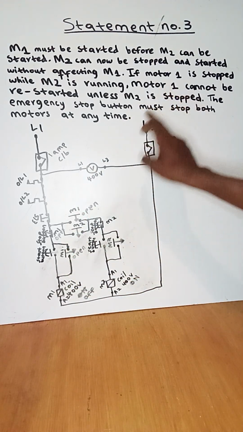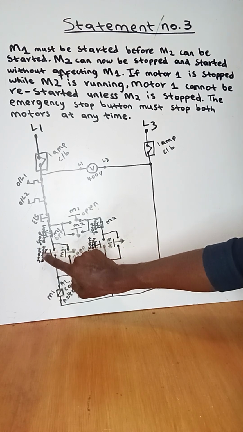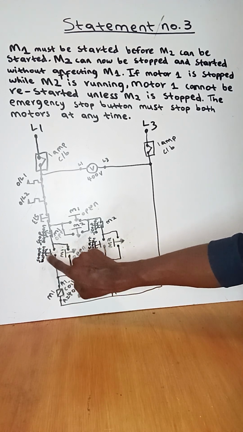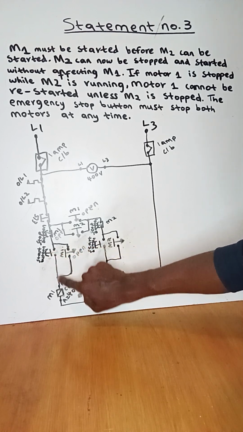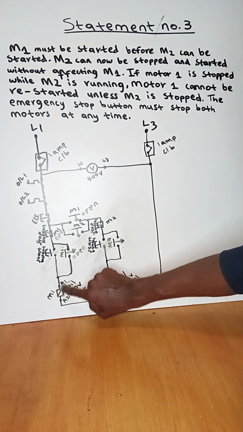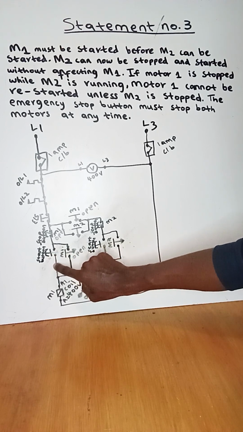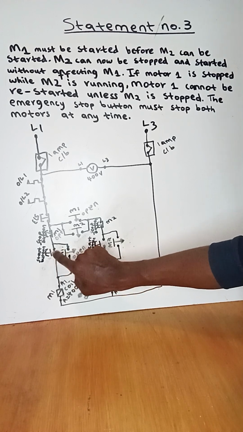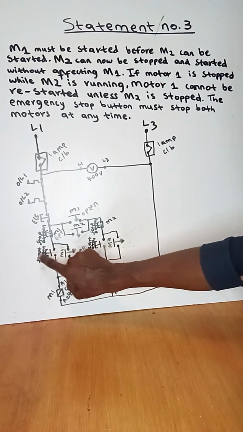Since the statement says motor 1 cannot be restarted, we only disturb the start button. Remember, when we press the start button, it creates a closed contact which allows the current to flow all the way to A1. So when we disturb it, we must have a contact that will trap the current after we press the start button of motor 1.